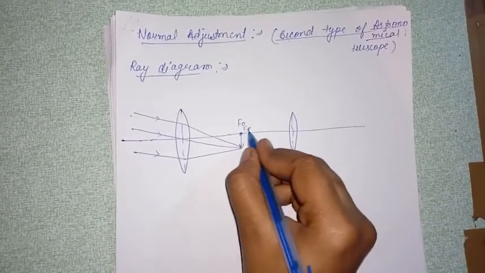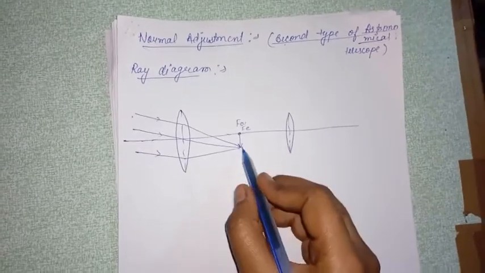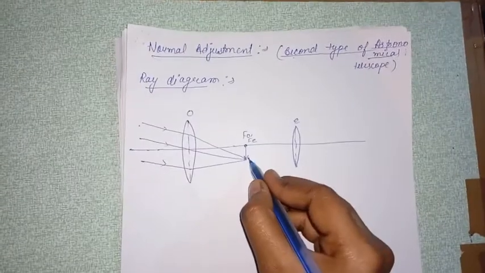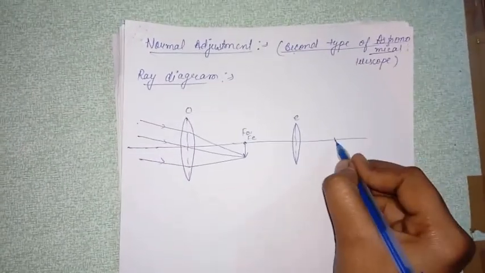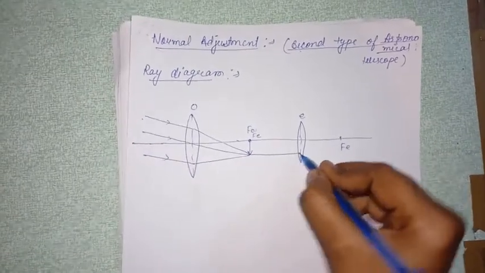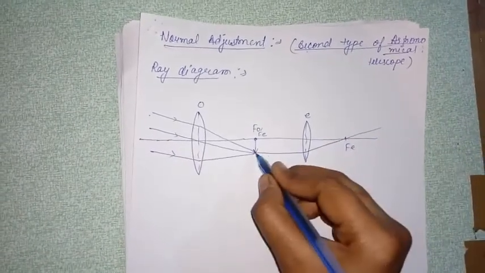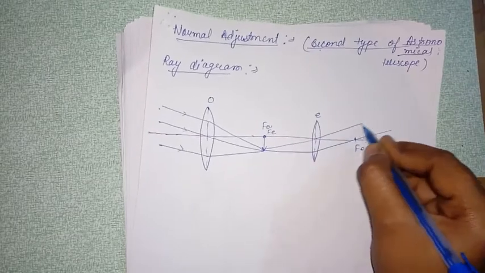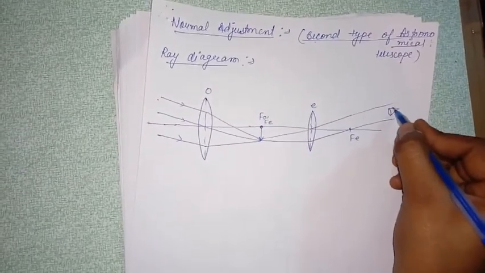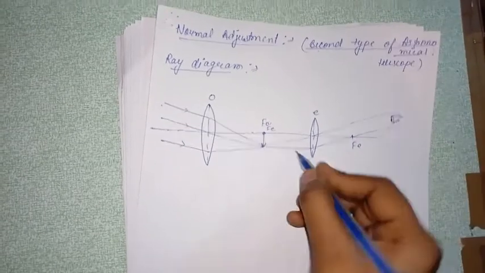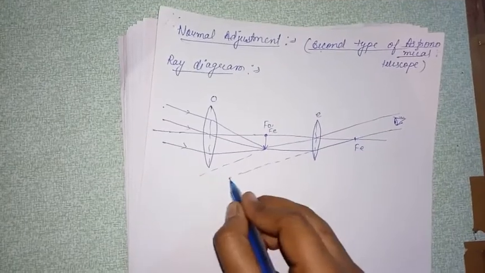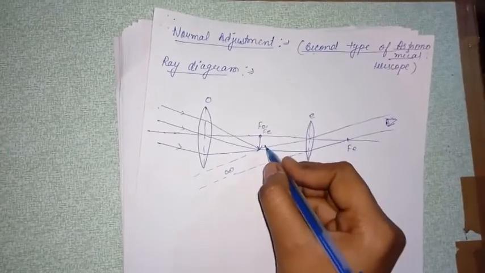So this is also the focus for the eyepiece lens. Here the image is formed at infinity.